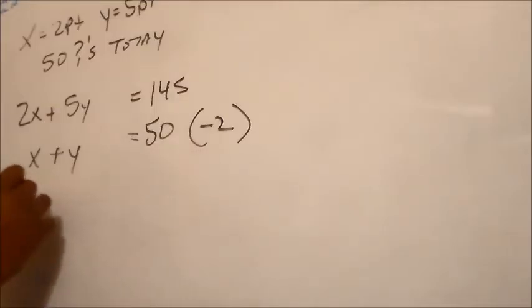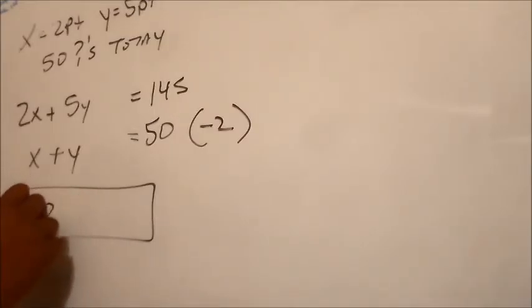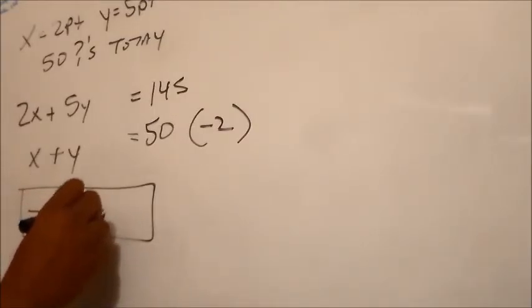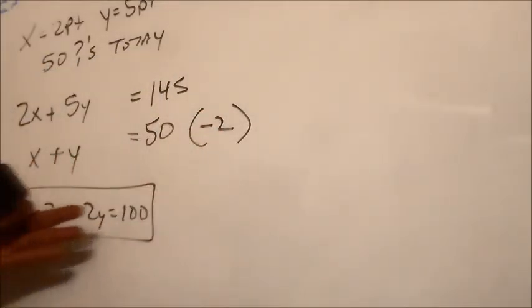Whole equation. So that's going to give us, and remember, we don't forget about this, but what we do is we'll have -2x minus 2y equals -100. Okay? And we're going to forget about this for a minute because now we've multiplied by -2 to give us a new equation.